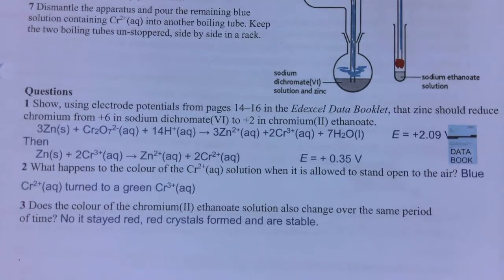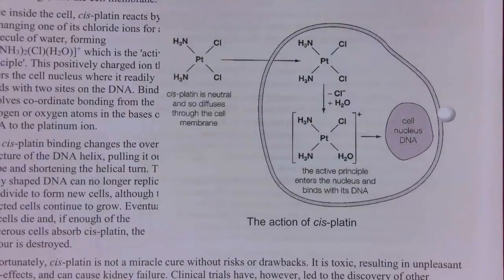Now, if we take a little of the chromium 2 solution and let it stand in air, that blue chromium 2 turns green via aerial oxidation. But over the same period of time, the chromium 2 ethanoate stays red because the complex ion is stabilising that unstable oxidation state.